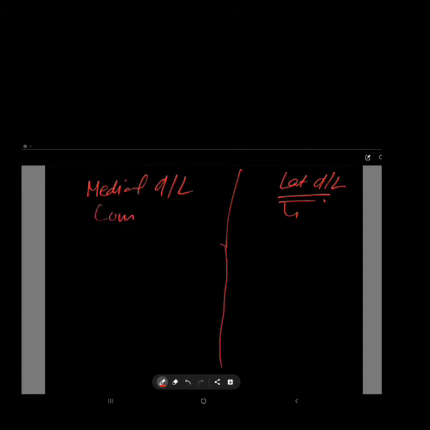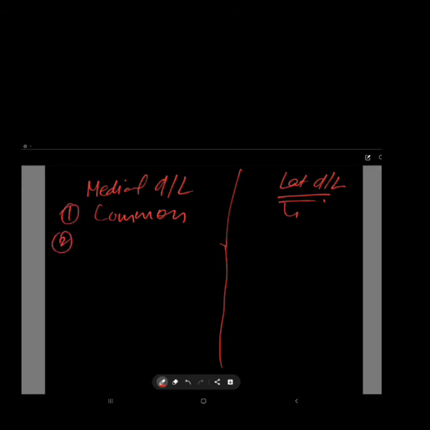We can see two types of dislocations with the talus fractures. Firstly, we can see medial dislocation. We can also see lateral dislocation. Medial dislocation is the more common one.